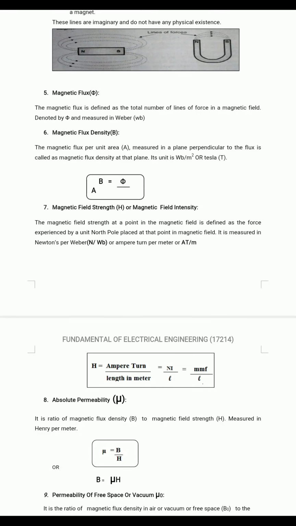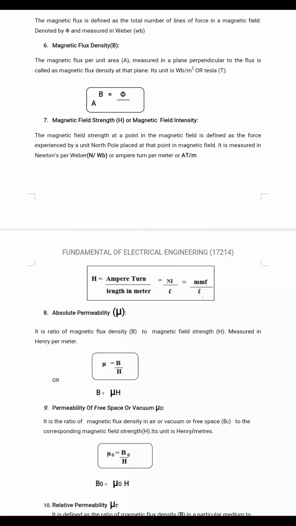So we can calculate the value of mu by B divided by H, or we can modify this formula to B is equal to mu H. Here mu is nothing but absolute permeability. So whenever we have to calculate the absolute permeability, we have to divide magnetic flux density by magnetic field strength. What is the next definition?